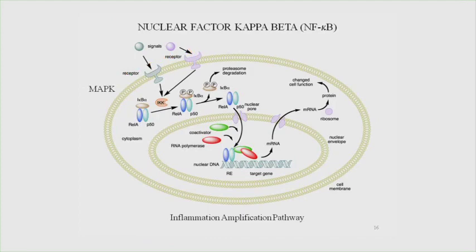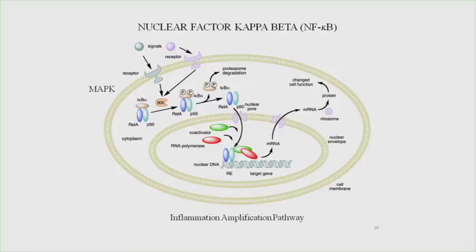There are many others for different cytokines, such as tumor necrosis factor. When these receptors are ligated, activated by their corresponding inflammatory molecule, they activate an enzyme called MAPK, mitogen activated protein kinase. And what it does, it stimulates an enzyme called inhibitor of kappa beta kinase.